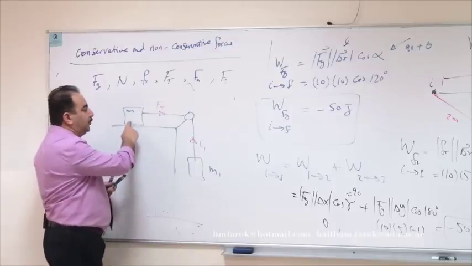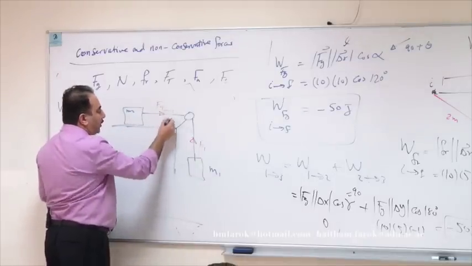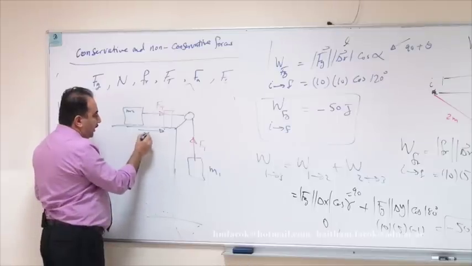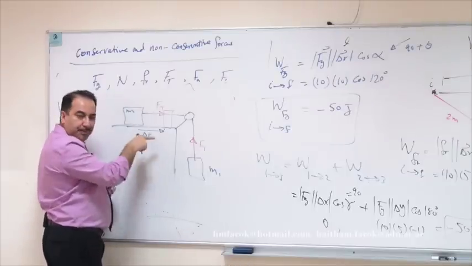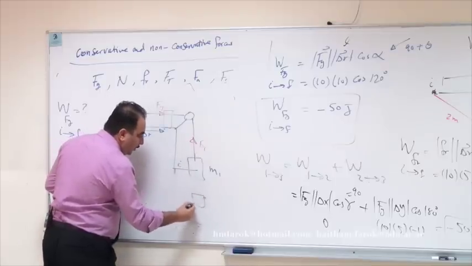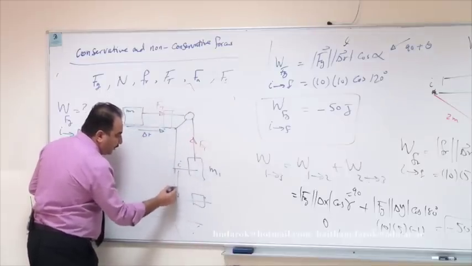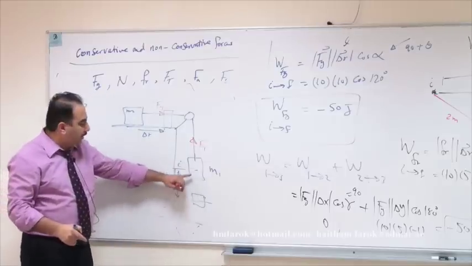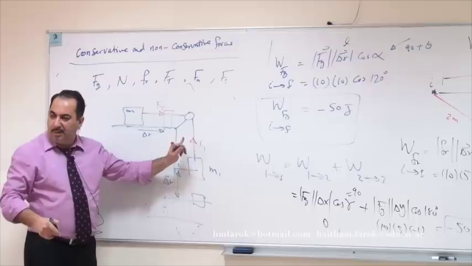So when this object moves from here to there, this is the displacement, yeah? Delta R. What happens to this? Start initially here, finally where? Same delta X or delta R? If this one comes down 1 meter, this will move 1? Same.